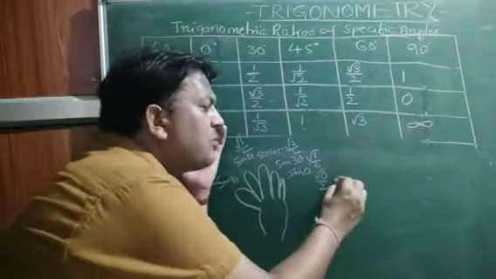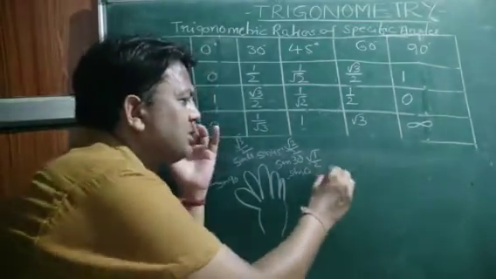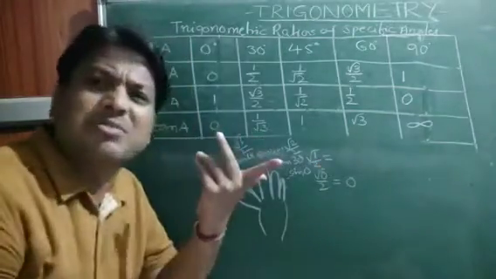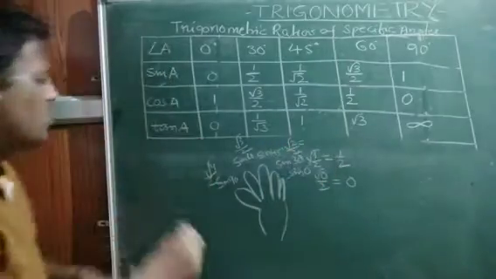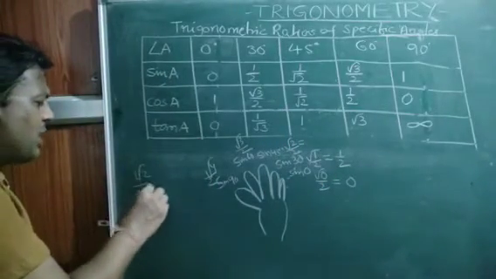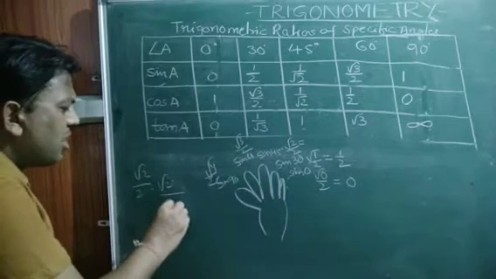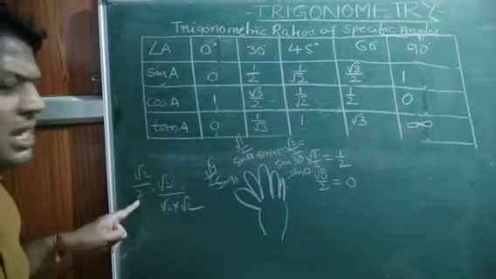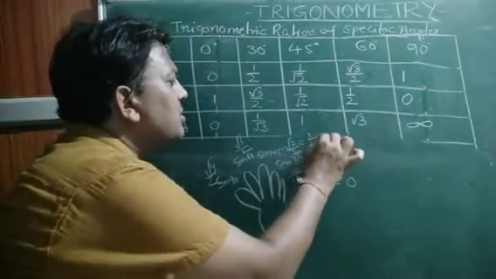How? Root 0 how much children? Root 0 is 0, 0 by 2, 0. Root 1 means 1, that is 1 by 2. Root 2 by 2, what can you write? In the denominator you can write 2 as root 2 into root 2. Root 2 cancels, how much is left? 1 by root 2.